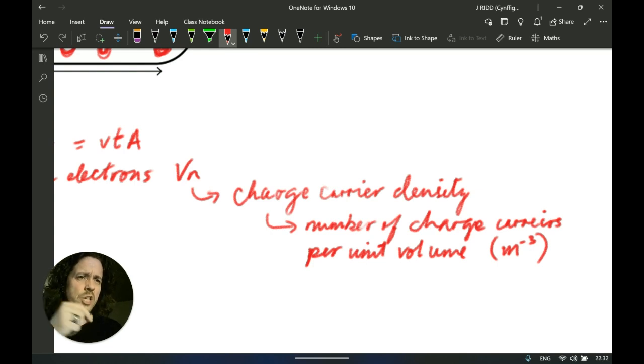So this charge carrier density, telling us the number of electrons per unit volume, also gives us some crude measure of conductivity as well, because the more electrons are available, the more charge can flow, and therefore the higher the current will be. So this charge carrier density is a very important part of this.